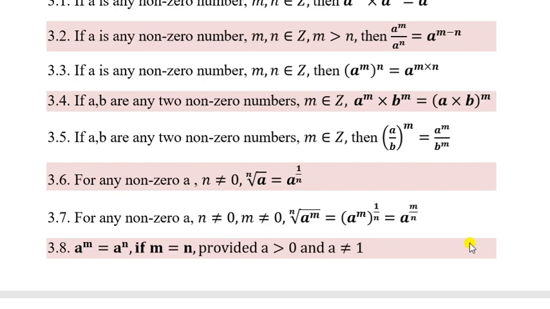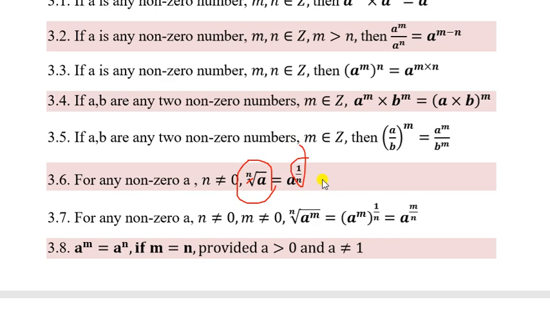Now we go to the next law. When any exponential form is given with a root, an nth root, we have to write this root in the form of a fraction, a to the power 1 by n. If it is given a cube root, it will come a to the power 1 by 3.